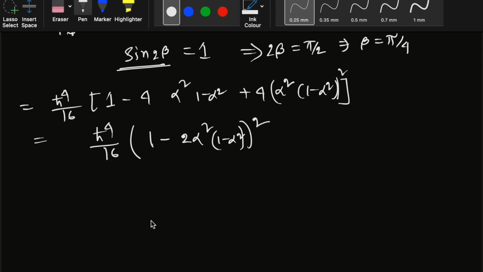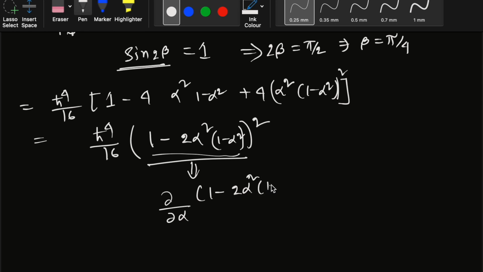So now for what value of alpha will this value be maximum, let us calculate that. First, this will be extreme when the inside value is extreme, and we know that for the extreme value of this function, del alpha of 1 minus 2 alpha square, 1 minus alpha square should equal 0.